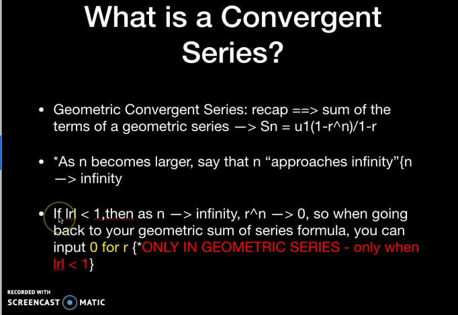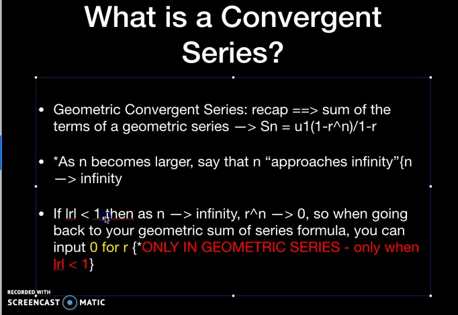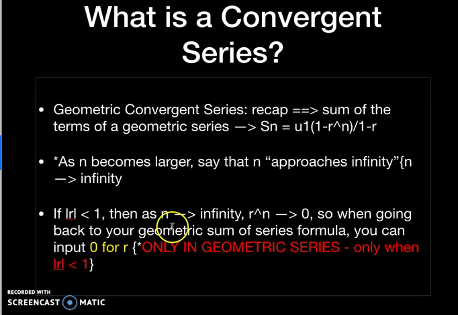So furthermore, if the absolute value of r is less than 1, then as n gets closer to infinity, as you see right here, that's what it means, r to the n will go to 0, or equal 0.